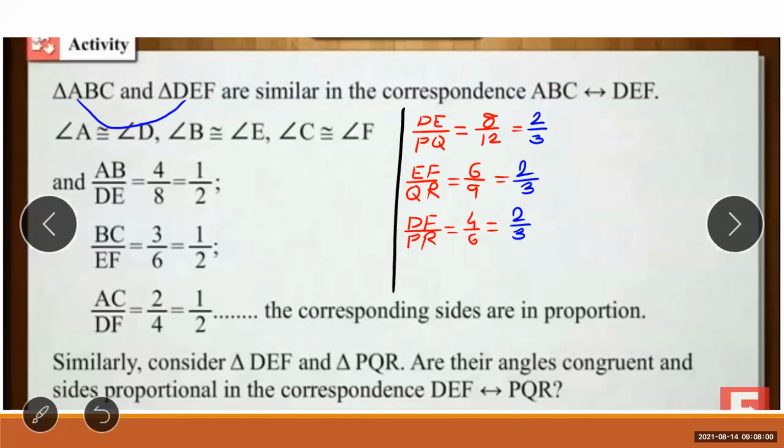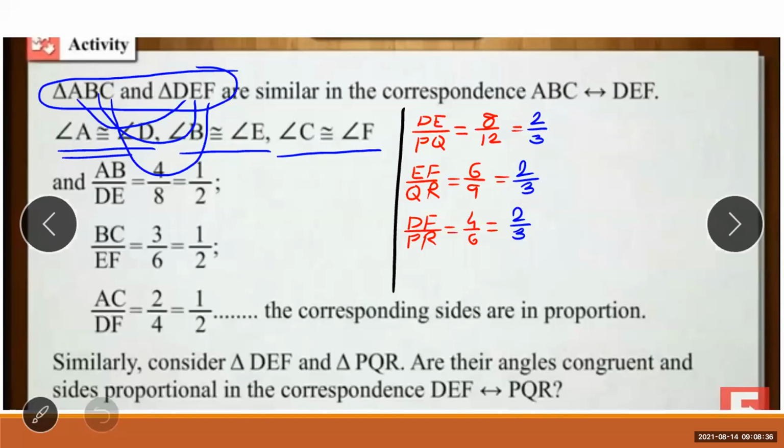Angle B is congruent to angle E. See, the second pair of congruent angles. The last angle, angle C, is congruent to angle F. So that is an easy way to see the triangles and write congruency. Okay, that is very easy.